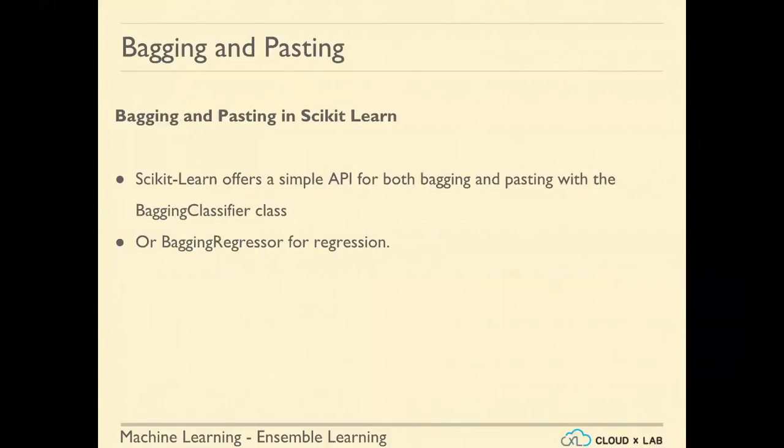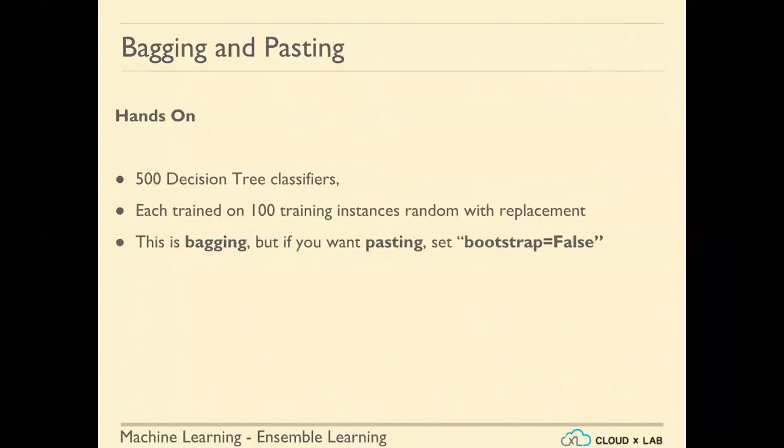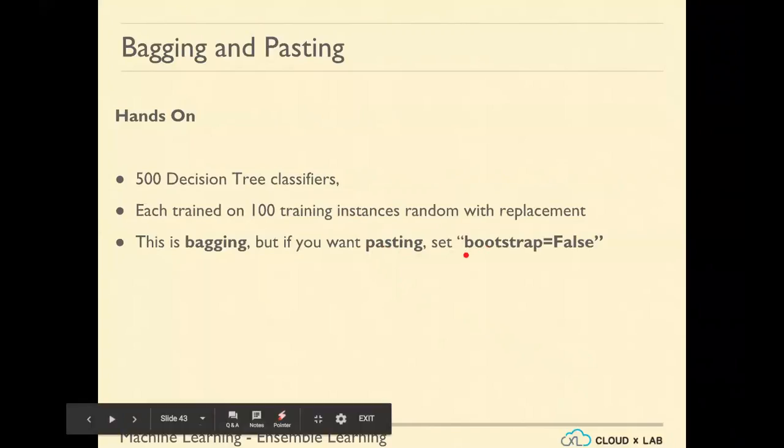Scikit-learn offers a simple API for both bagging and pasting, with the BaggingClassifier class, or BaggingRegressor for regression. Let's say we have 500 decision trees, each trained on 100 training instances, randomly sampled with replacement. This is called bagging. In case you want pasting, you can just set bootstrap equals false.